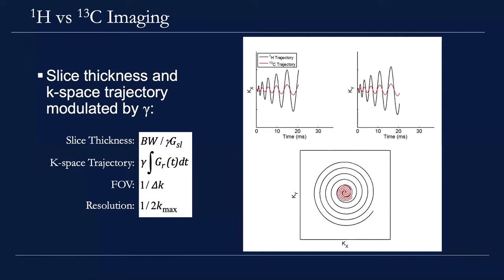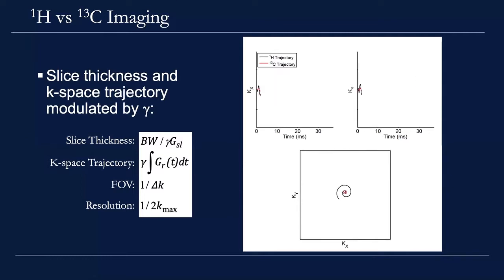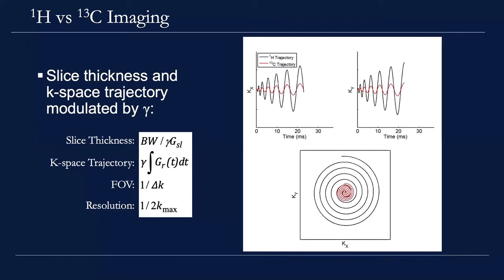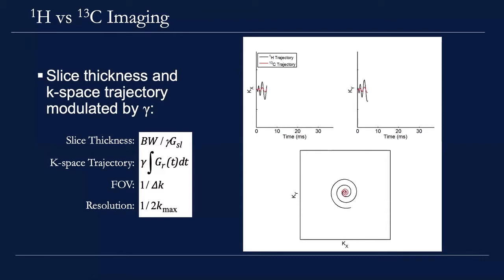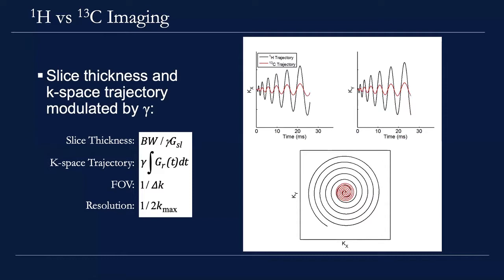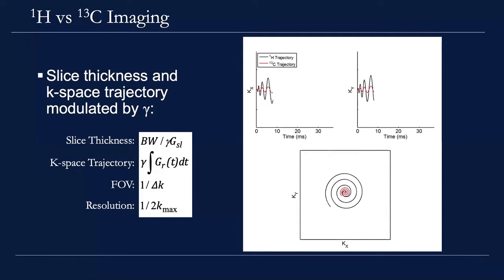Right, so which one? It gets thicker, right? How about for your effective spatial resolution? If we had 1 millimeter in plane for proton, would carbon be 4-fold thinner or finer, 4-fold coarser, 16-fold, let's go squared? Which one?